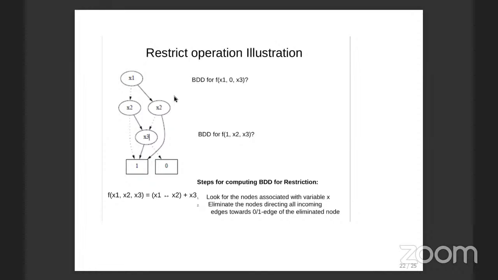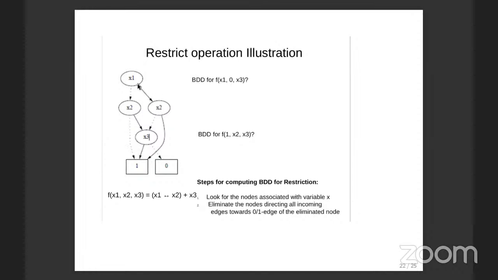So all you do is, for all the incoming edges to these nodes, there are two incoming edges, you direct them to the node that is the successor of the 0 side. That's it. You just make this dashed arrow go down. You of course get rid of x2, but you make the incoming edge follow the 0 edge.